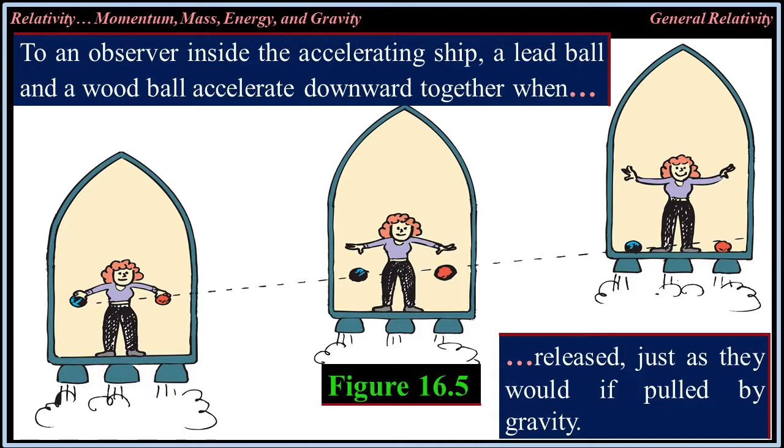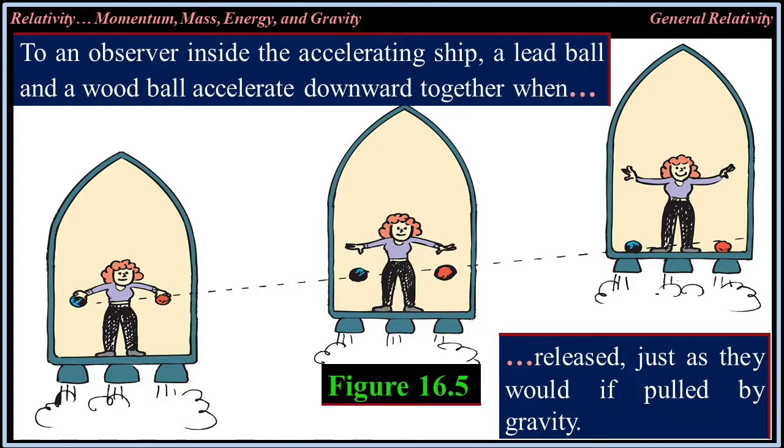To examine this new gravity in the accelerating spaceship, Einstein considered the consequence of dropping two balls, say one wood and the other lead. Figure 16.5 shows that when released, the balls would continue to move upward side by side with the velocity that the ship had at the moment of release.